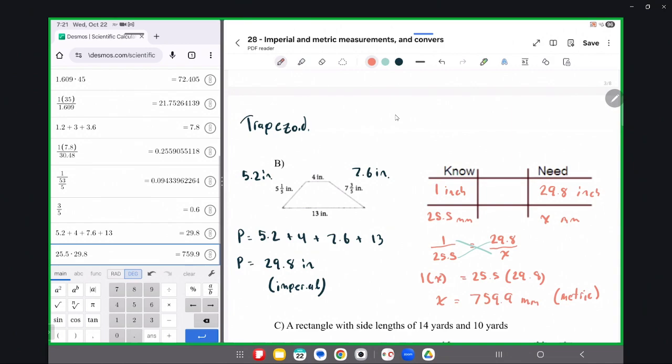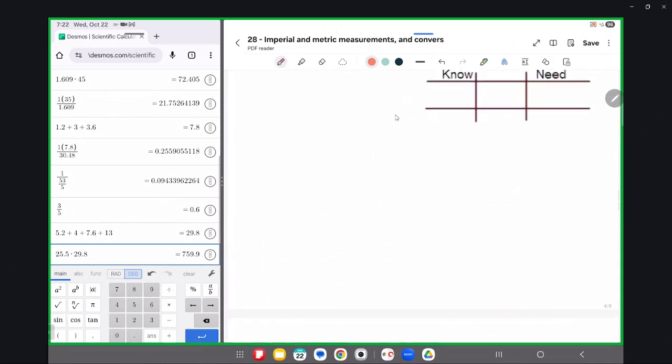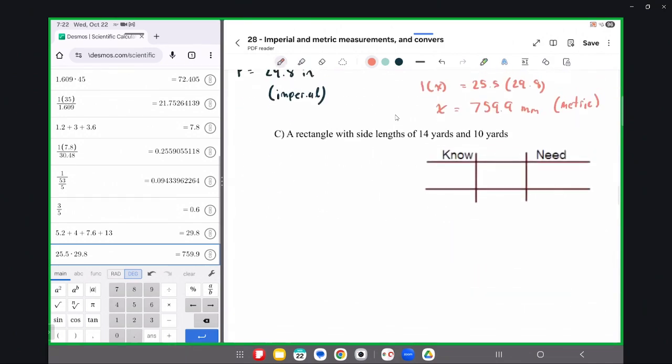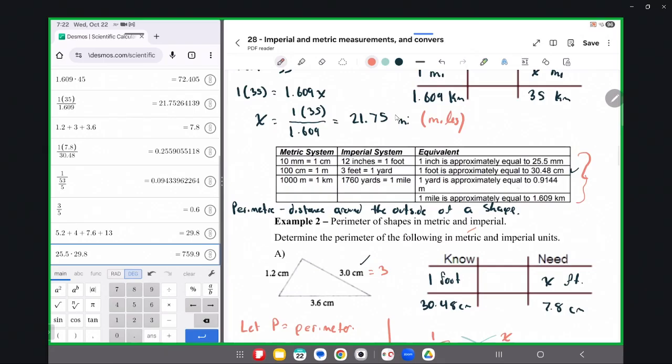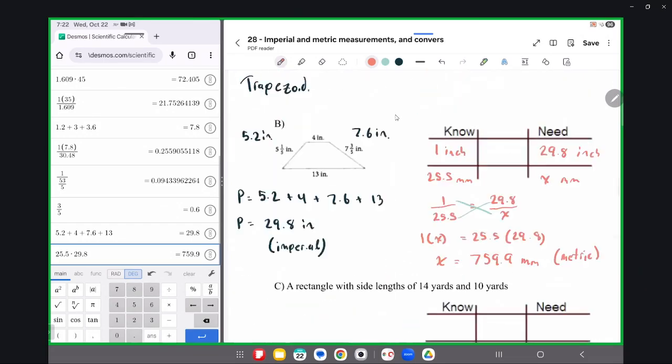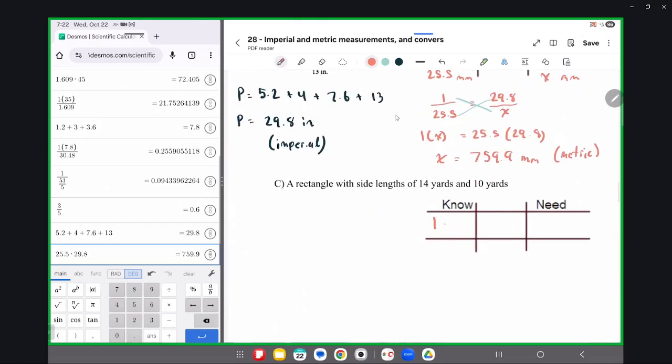Okay. Lastly, but not leastly, suppose we have a rectangle with side lengths of 14 yards and 10 yards. So this is talking about yards. The relevant measurement here is that 1 yard is equal to 0.9144 meters. And usually it's a good idea to sketch the shape, because you never know.